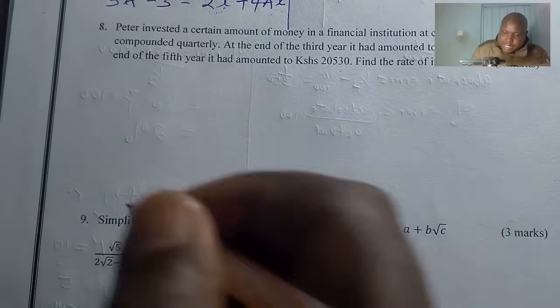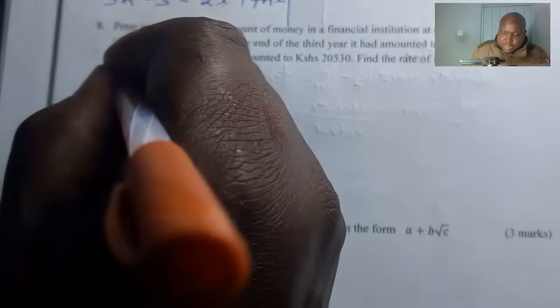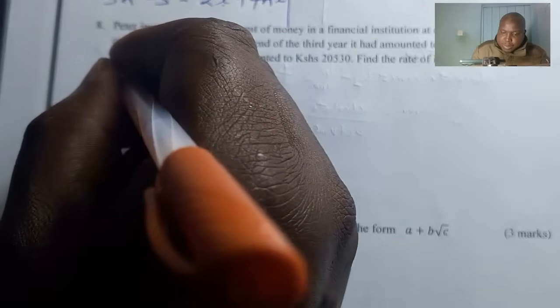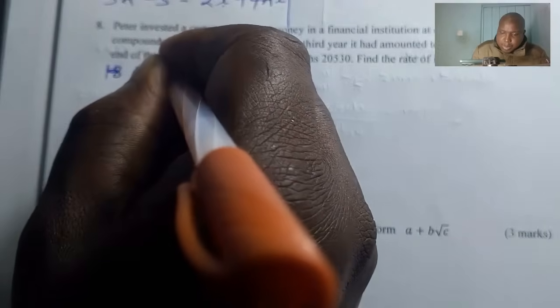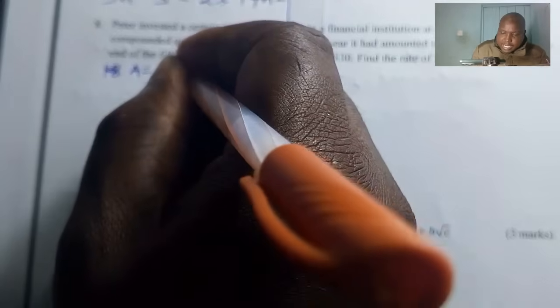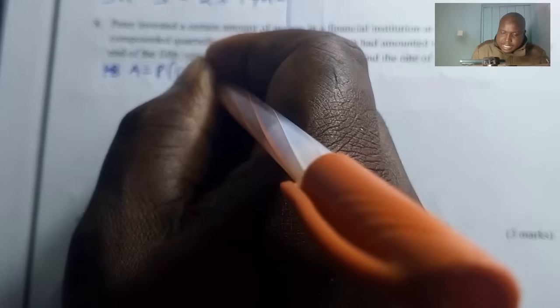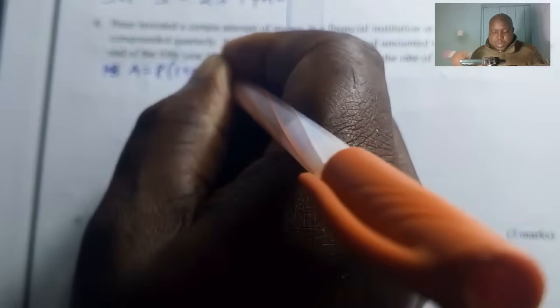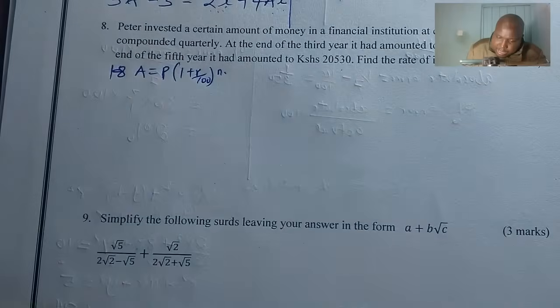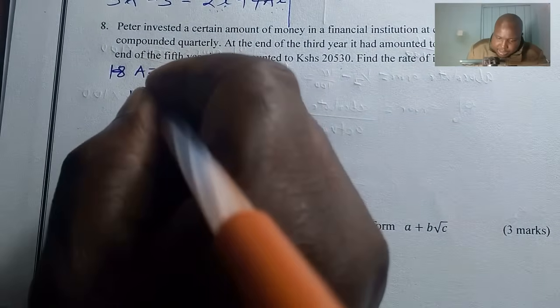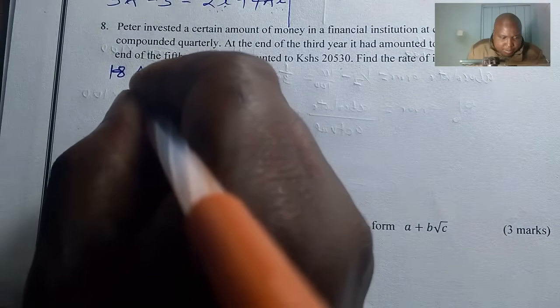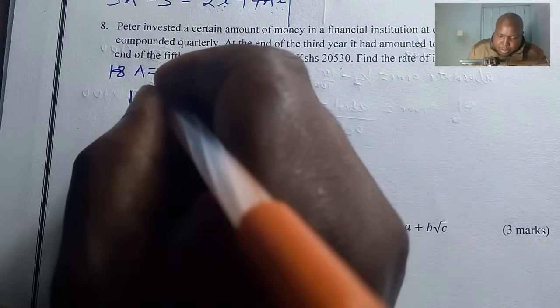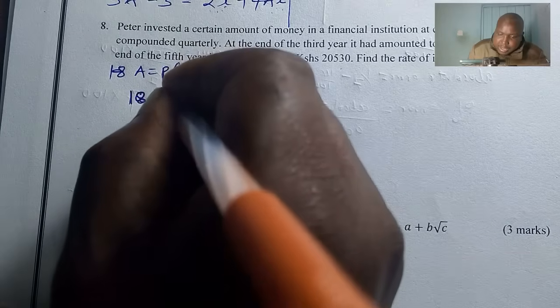So we start with the first one, that is the amount. Remember the formula, amount is equal to principal times 1 plus r over 100 raised to power n. That is the formula. So the first amount is 18,980.